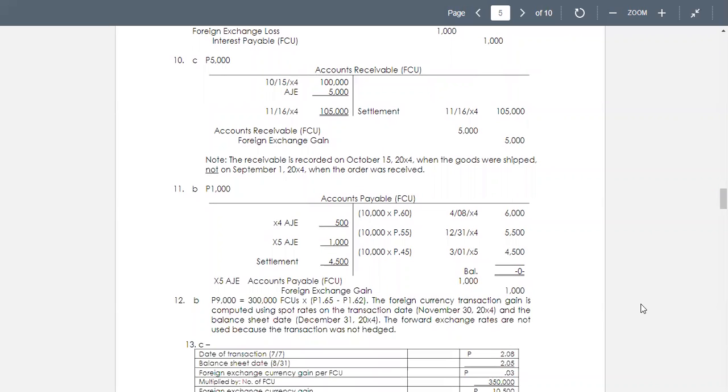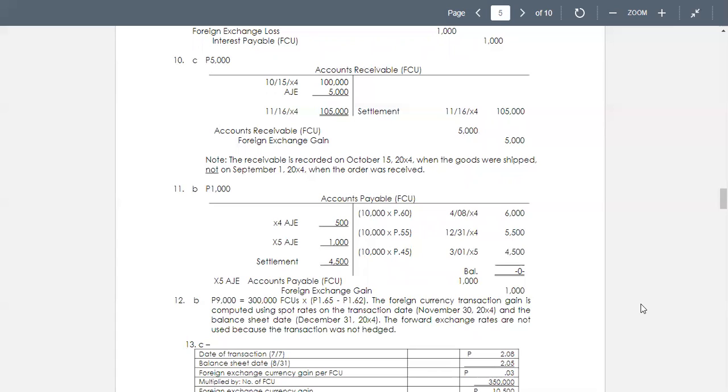Okay, the question in number 12 is, what amount should CB report as a foreign exchange gain? So the amount is computed by multiplying 300,000 by 0.03. The difference between 1.65 and 1.62 is 0.03. So you multiply by 300,000, that will give 9,000.